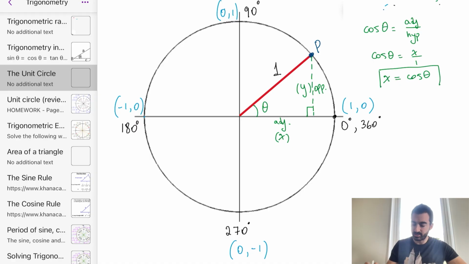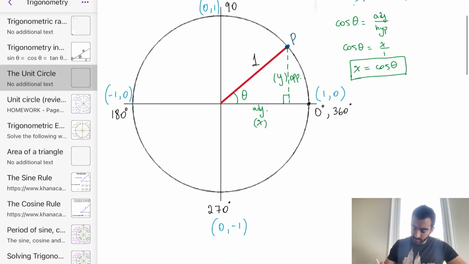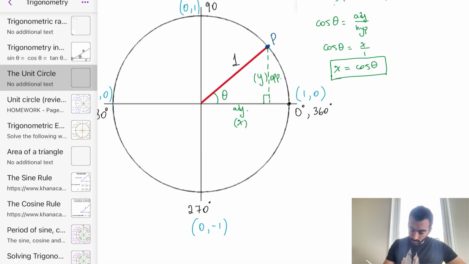Now, to use the sine of theta, I want to solve in terms of y. Sine is the opposite over hypotenuse. Opposite is the y, and the hypotenuse is 1. That means y is equal to sine of theta.